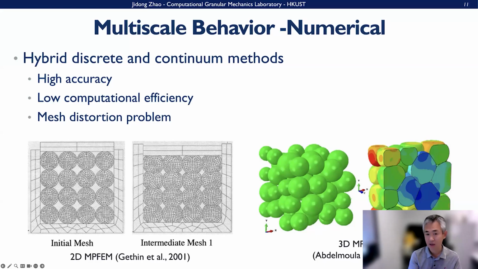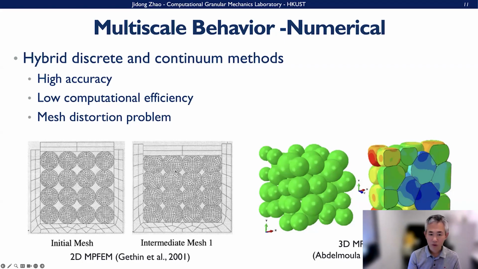We can capture their deformation behavior relatively accurately. But you can tell that with this so-called hybrid method, we need to discretize each individual grain with a large number of FEM elements, and then the computational efficiency can be low, right? Also, FEM mesh has a lot of issues, as I'm going to show later.